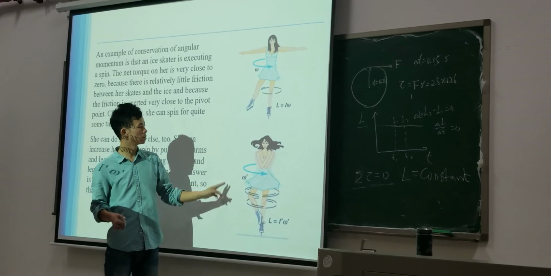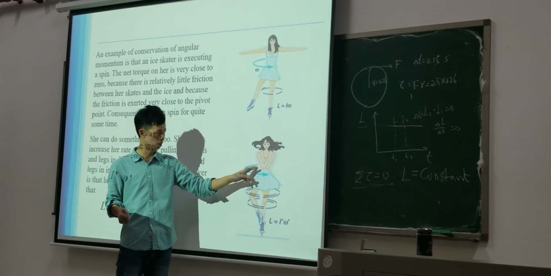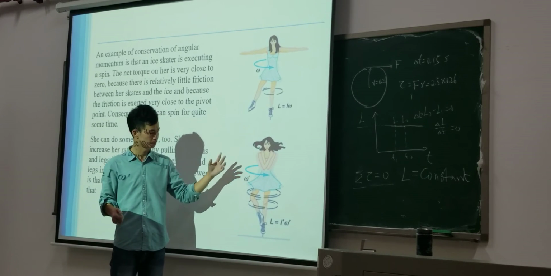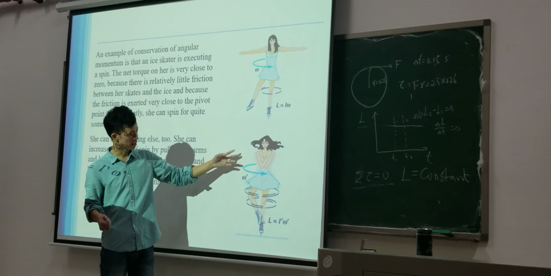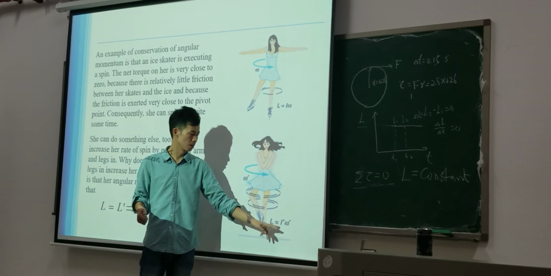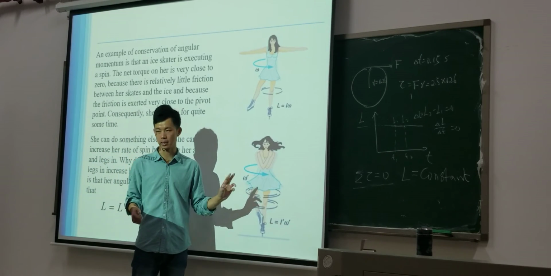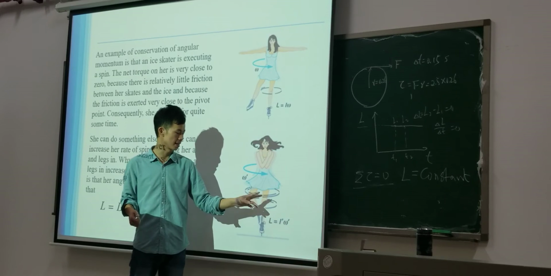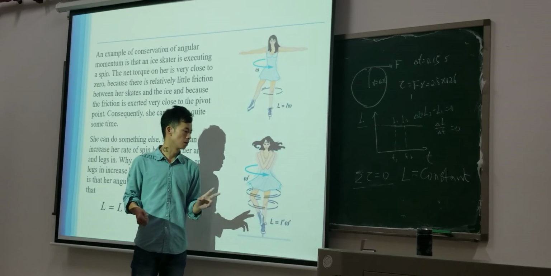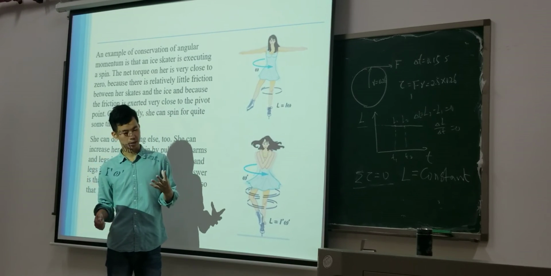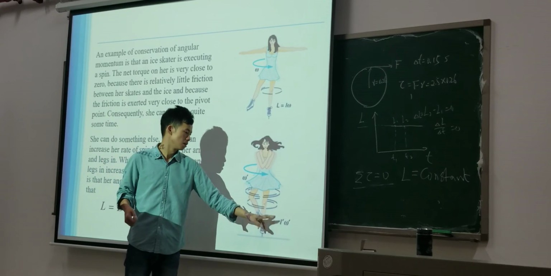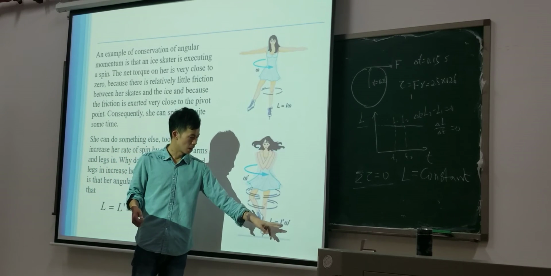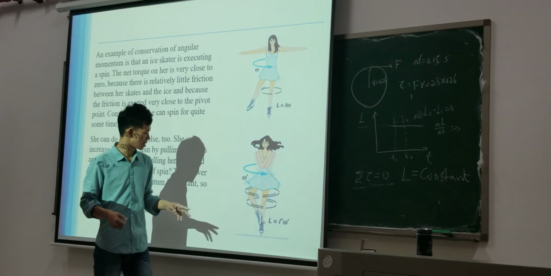So when the skater puts her hands inside, then the moment of inertia is changed, and then the angular speed is also changed. And then the angular momentum I omega is also the same.